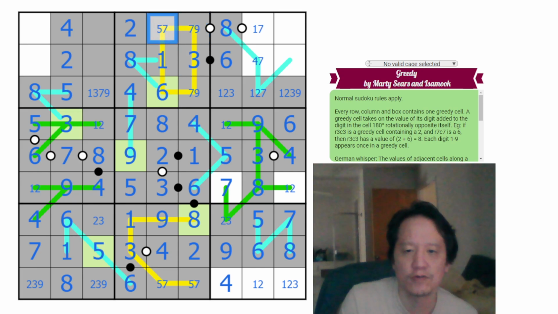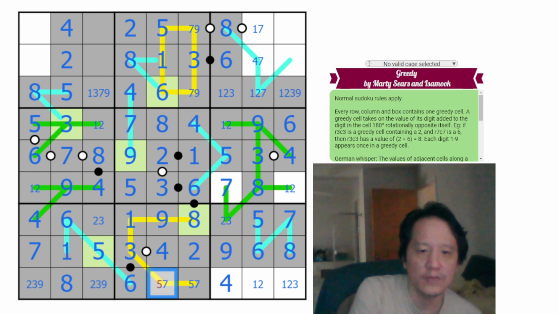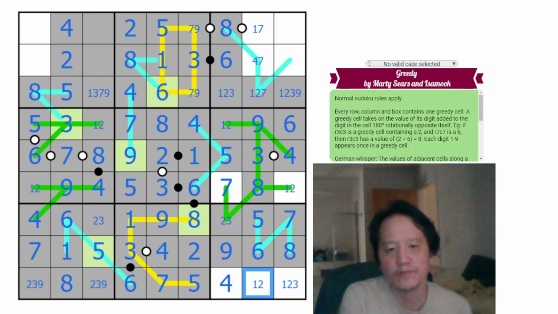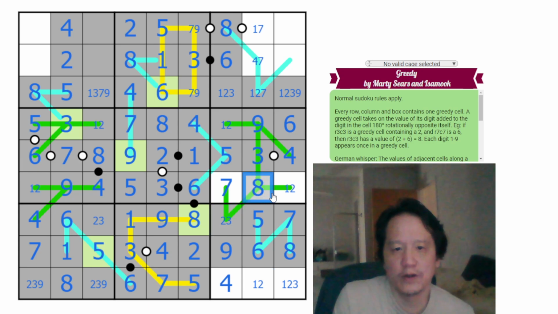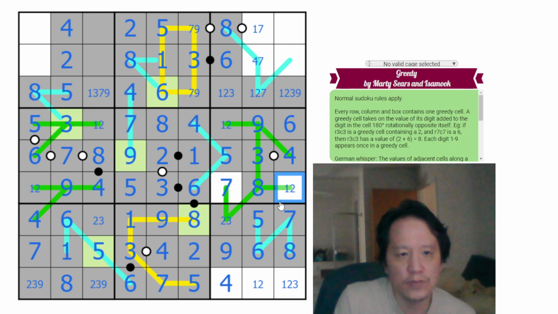So this is 5. 5, 7. If this was greedy, it would have to be 1 and 2 plus 5. So this cannot be greedy. Therefore, we know this one's greedy. It's a 7, right?